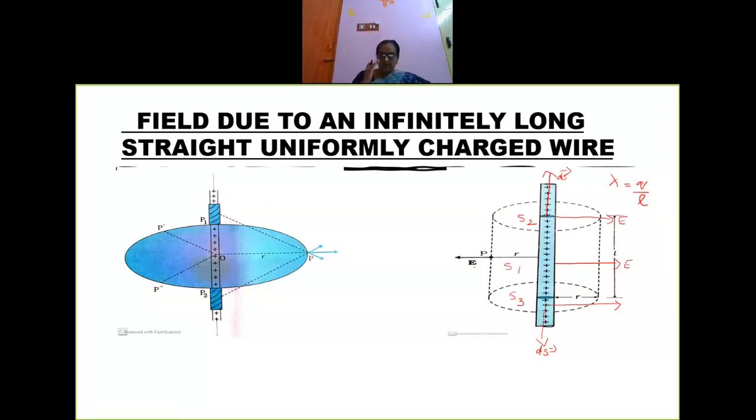So the flux can be written as electric field into area of the curved surface, right? So phi of E equal to, now what is E? Of course I will write the same.